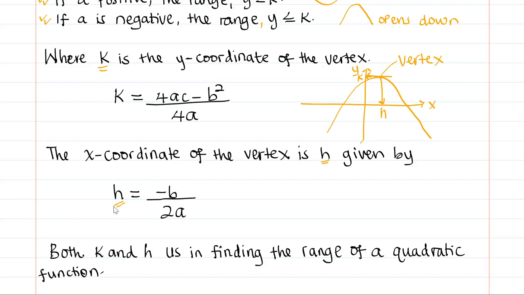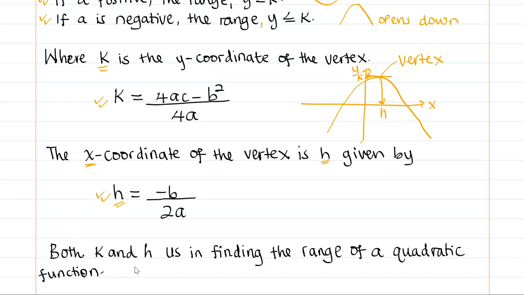Therefore, for us to get the x-coordinate of the vertex, which is h, it is given by negative b over 2a. That means you just look at your quadratic function, deduce the value of b and the value of a, substitute them here, and you find h. That will be the x-coordinate of the vertex. And you also do the same when you are getting k, as I explained.